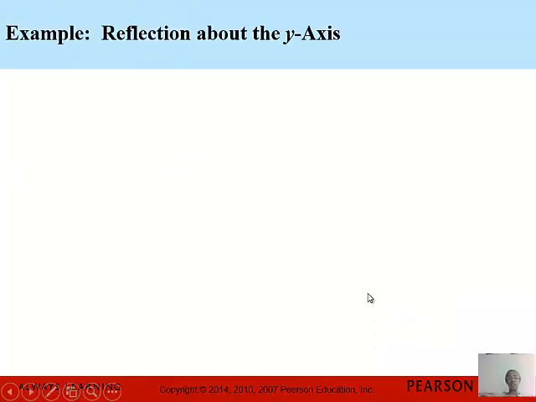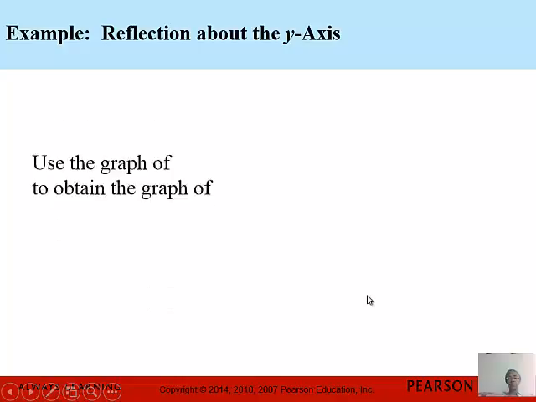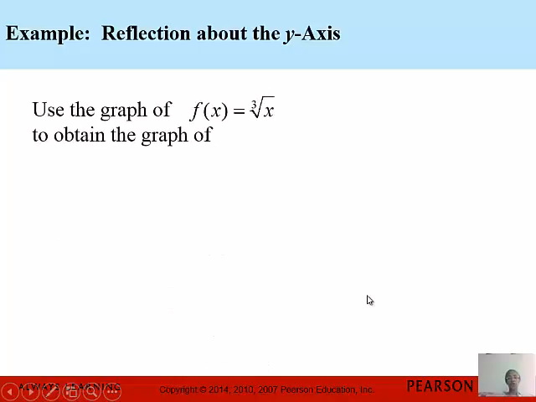So let's look at an example of a reflection about the y-axis. We're going to use the graph of the cube root of x, f of x equal cube root of x, to obtain the graph of h of x equals cube root of negative x.